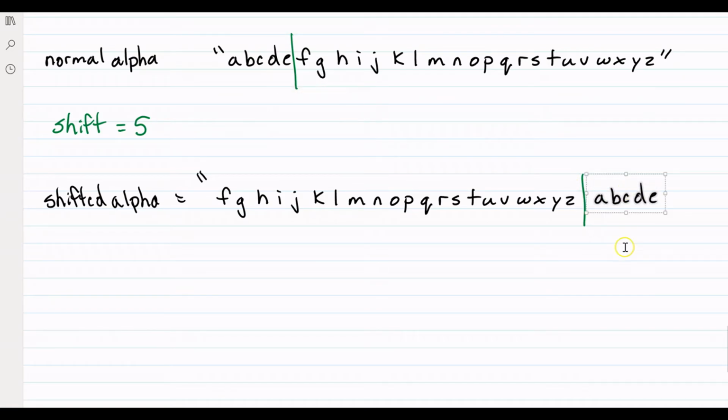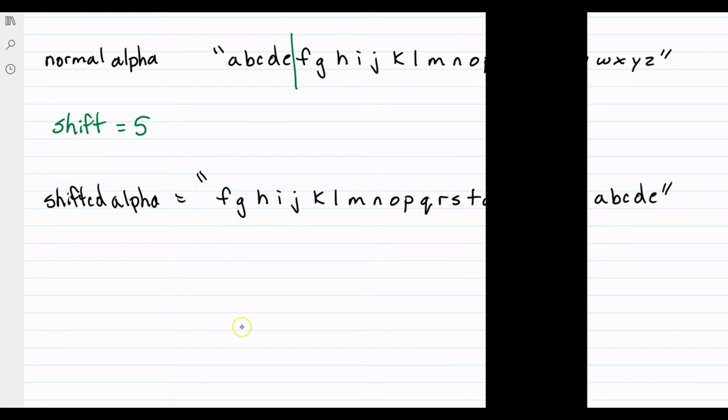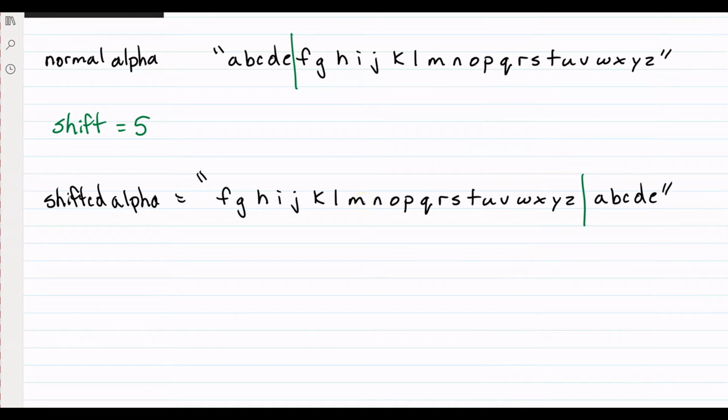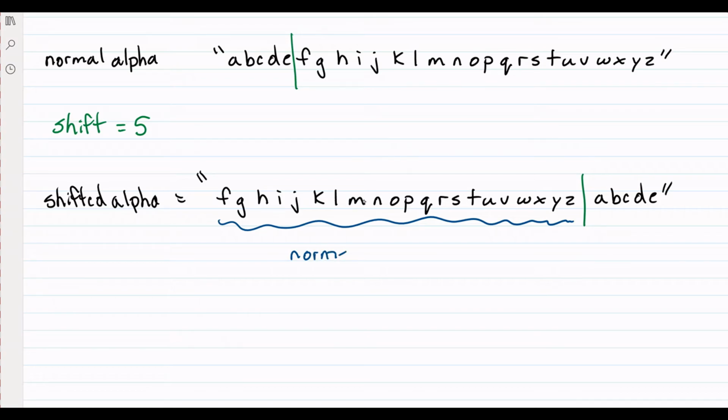Luckily, Python makes it really easy to splice strings like that, because this section here is the normal alpha from the shift value to the end.